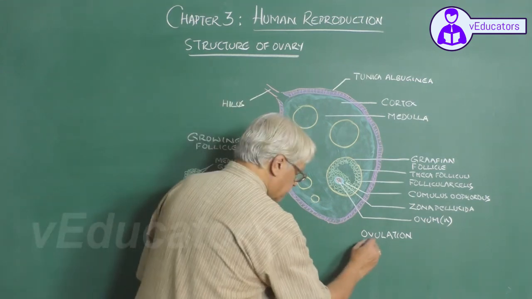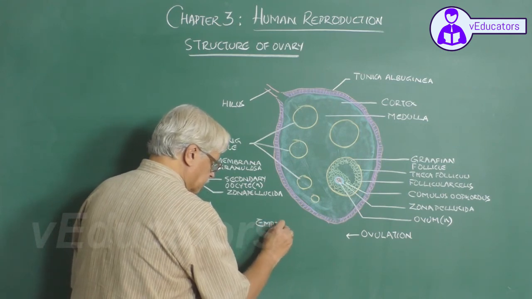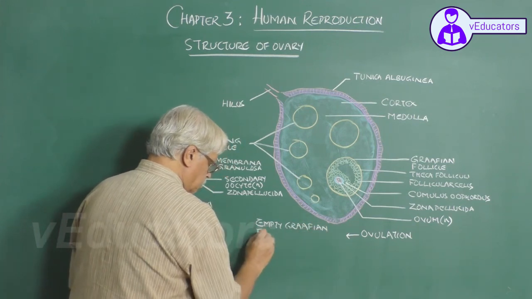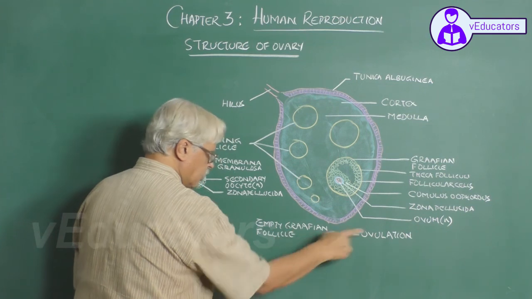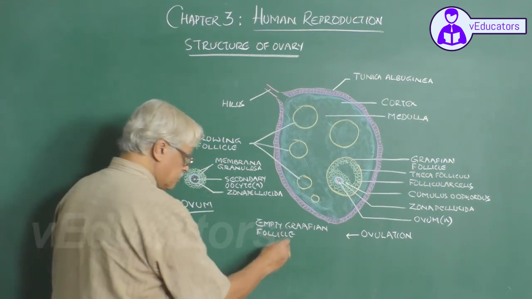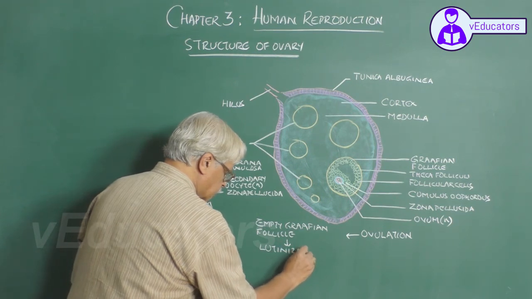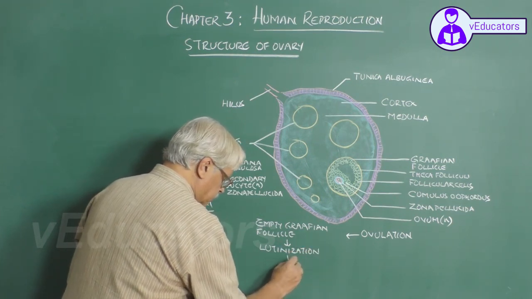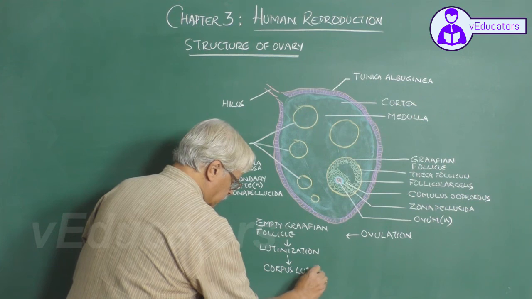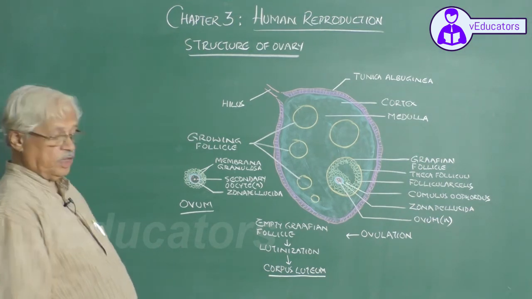After ovulation, the empty Graafian follicle without the ovum undergoes a process called luteinization and gets converted into a structure called corpus luteum.